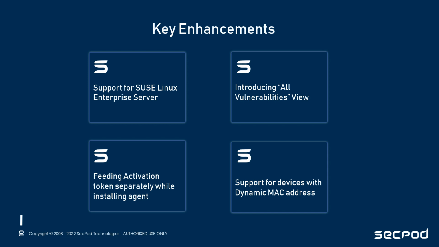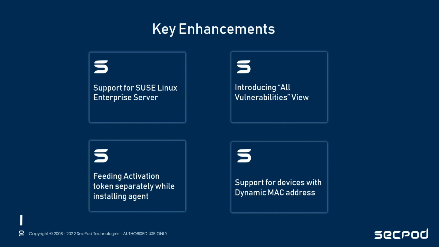Apart from this, we have also seen some of our customers have a unique environment wherein they have devices with a dynamic MAC, so the MAC address keeps changing. And we have also seen scenarios wherein the same MAC address is used across multiple devices.